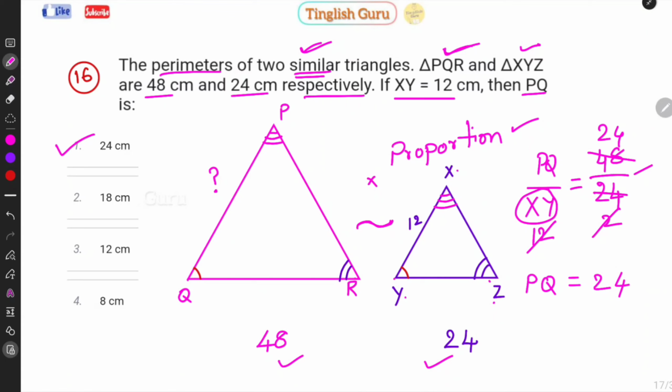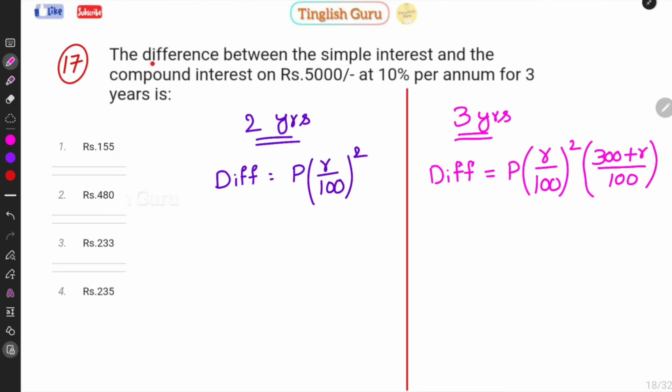Next bit. Here we are asked to find the difference between simple interest and compound interest for 3 years. The formula for the difference for 3 years is: difference equals principal into r by 100 whole square into 300 plus r by 100.